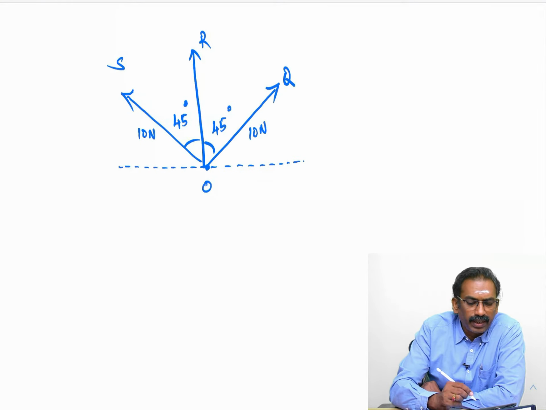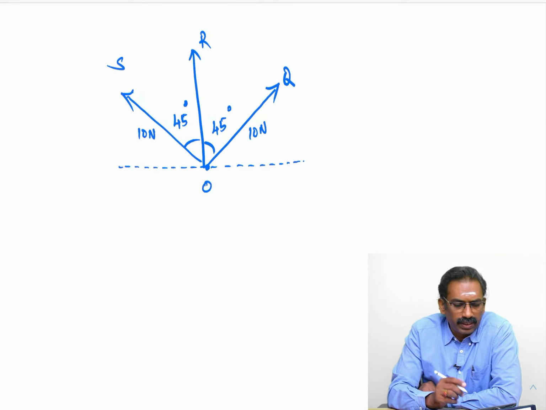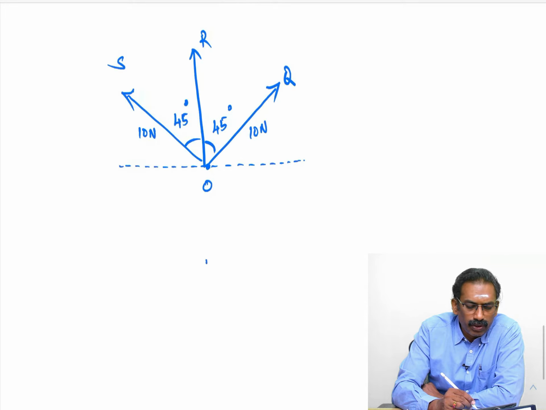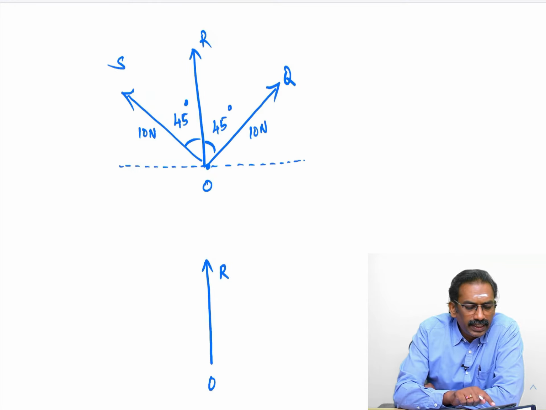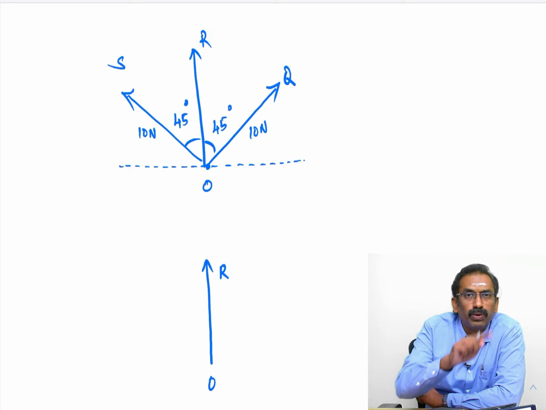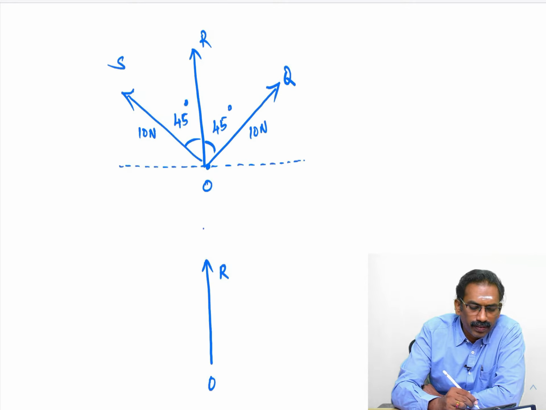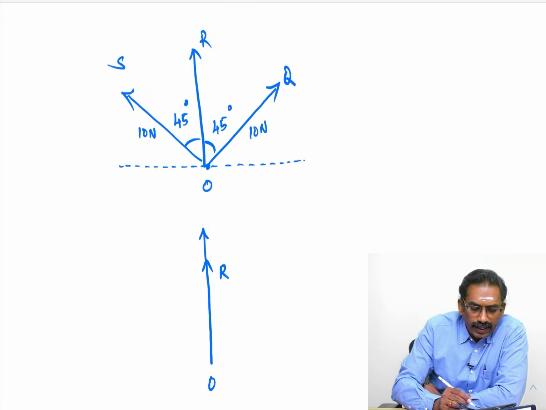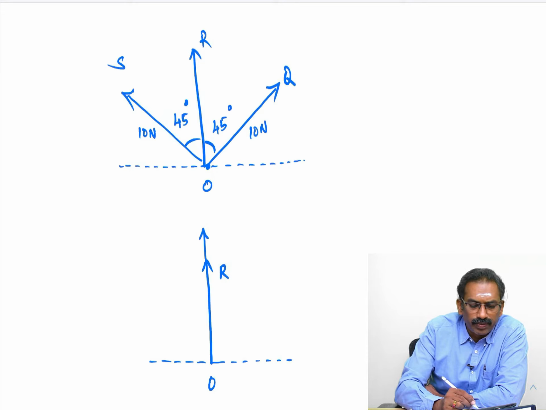So, this diagram can be simplified into two vectors. Actually, OR vector is acting along y axis. The resultant of OS and OQ will act along OR. That magnitude is equal to root 2 times any one of the vectors, root 2 times 10 Newton.